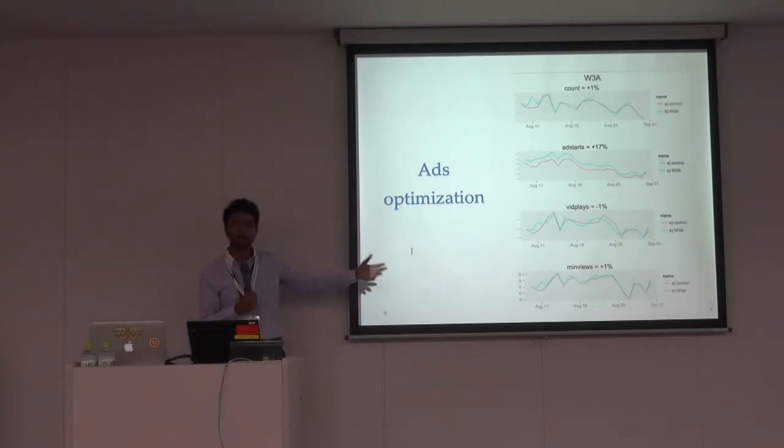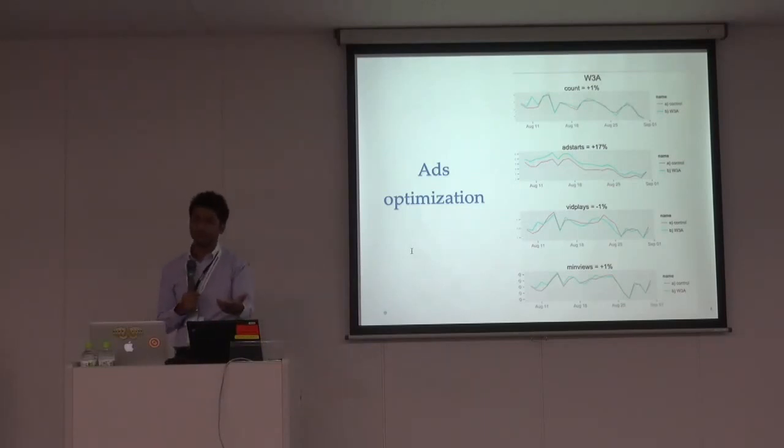And how did it affect the number of minutes viewed, which is a direct measure of engagement? The video starts and minutes viewed are not affected much. It's a very small change, but we're able to get 17% more ad starts, which is 17% more revenue for the company. So that's huge. And we're able to do that because of all this experimentation.